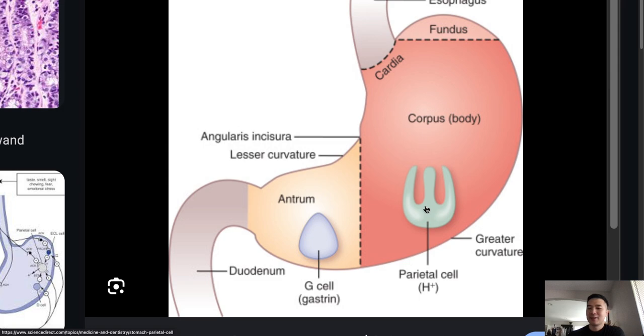But again, they can't secrete more acid because of the PPI. So this will cause them to kind of hypertrophy and have cystic changes, and it can develop into polyps. And you'll also see little secretions, which I will show you in a bit.